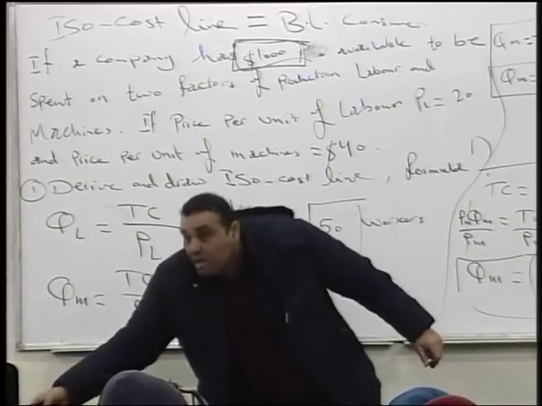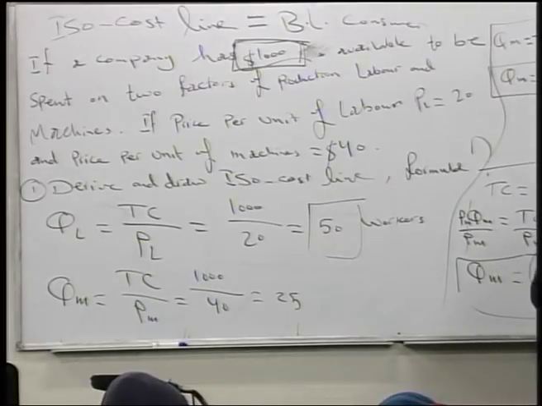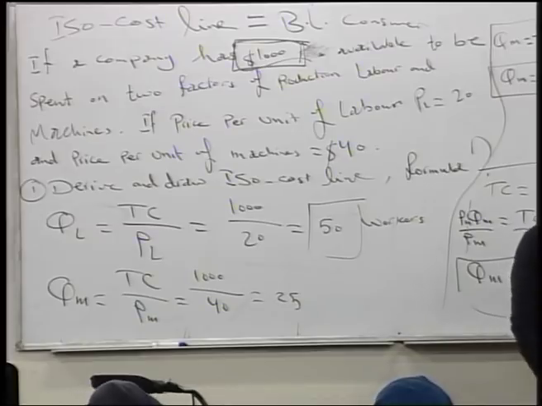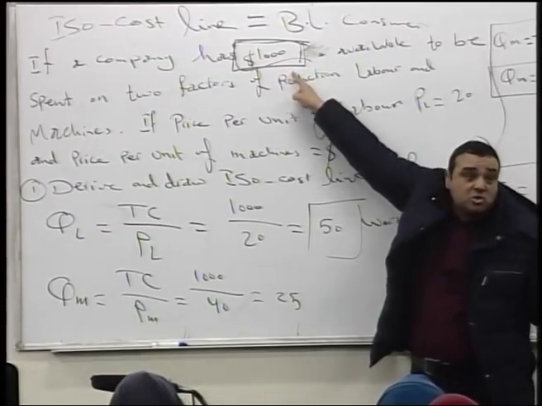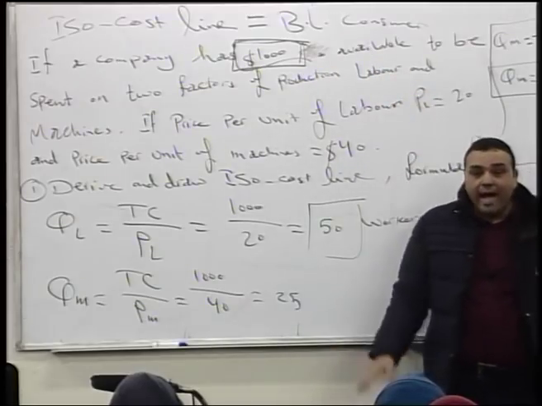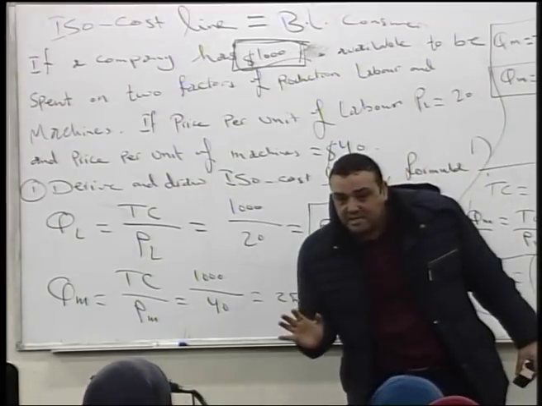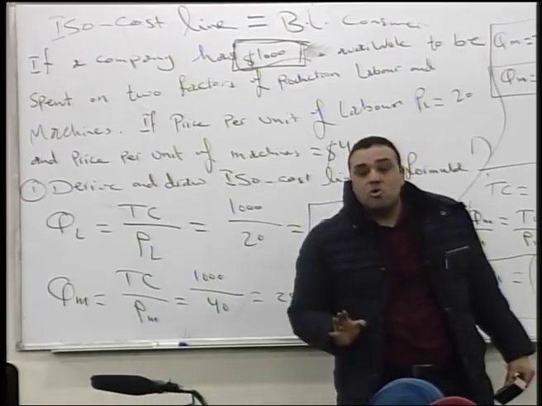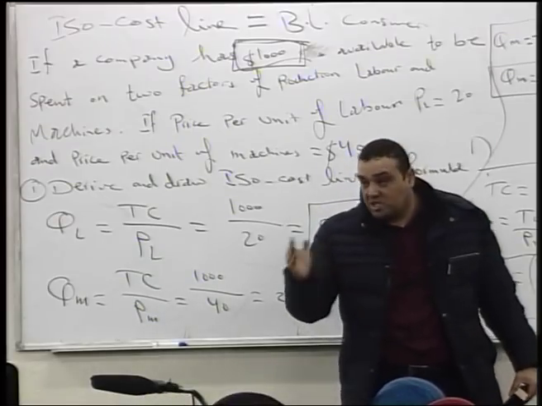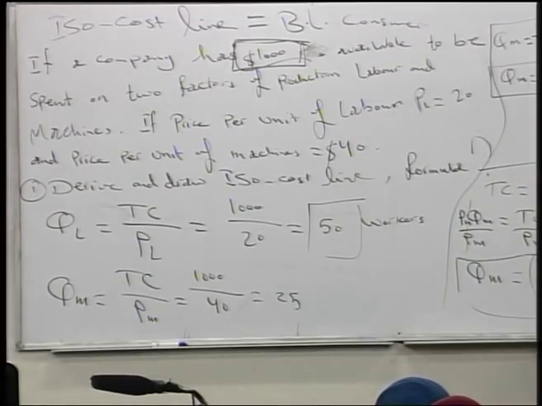Which means the money available for the company increased from $1,000 to $2,000, and ceteris paribus, which means the price of M remains constant. What will happen to the budget line or the iso-cost line? It will shift right, exactly.